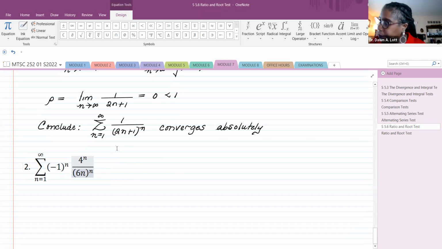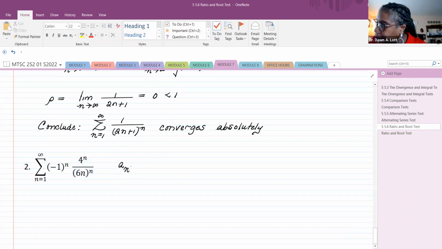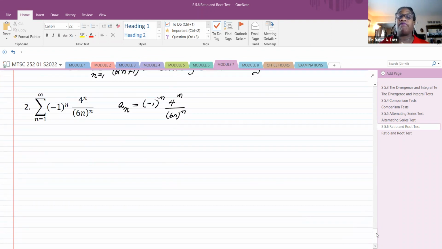So a_n is minus 1 to the n of 4 to the n divided by (6n) to the n. All right, so for this problem, we need to have the absolute value.